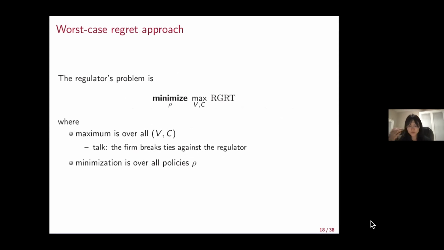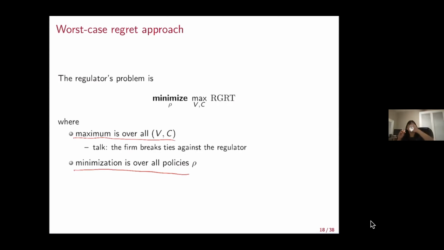Now, we are interested in an environment in which it's not easy to formulate a prior belief. It's not clear how the regulator should formulate a prior belief. Instead, he would try to find a policy that minimizes the worst case regret. The maximization is over all the possible demand and cost scenarios, and the minimization is over all the possible policies we discussed.